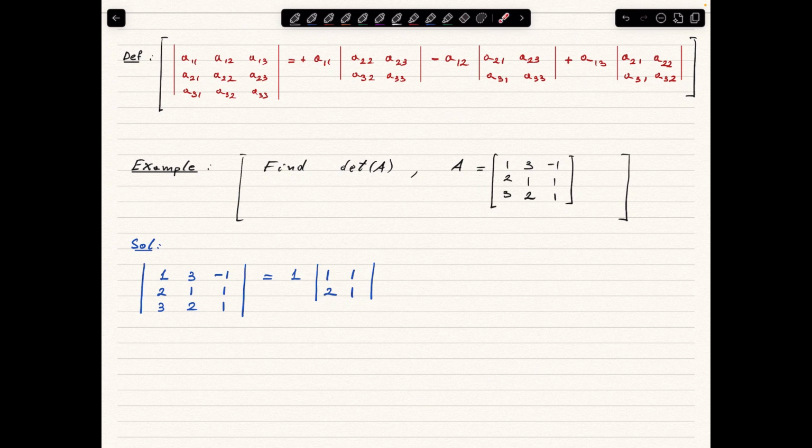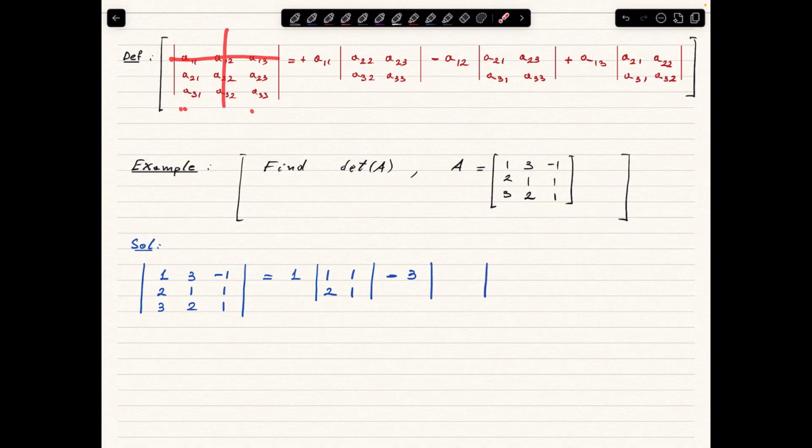Then there is a negative sign. It's always a negative sign there. Then we get the component 1, 2, which in our case is 3. And then a determinant of a 2 by 2 matrix, which is what you obtain if you eliminate this column and this row, and look what we get.